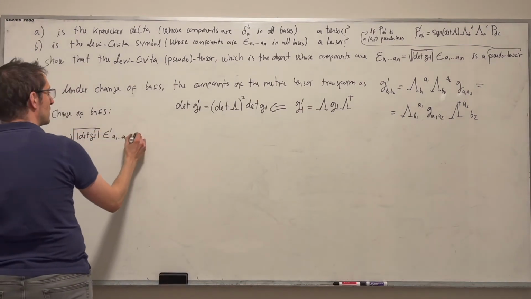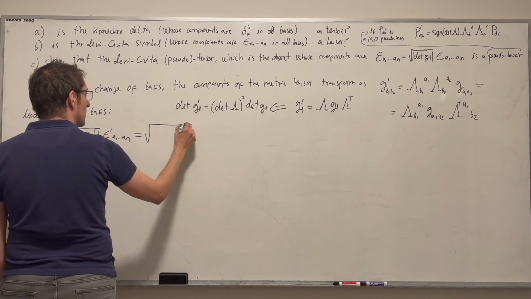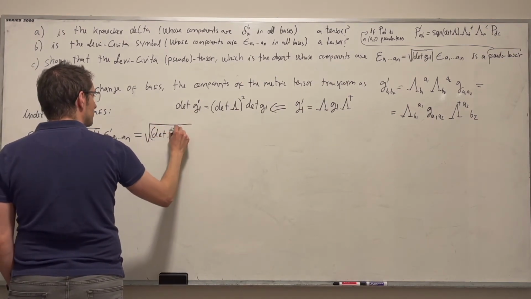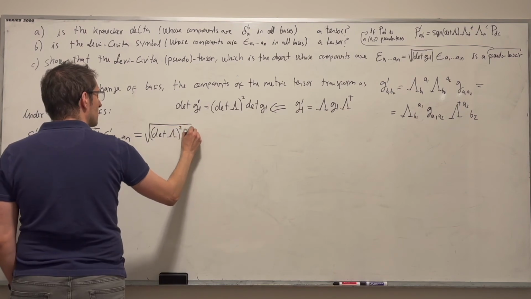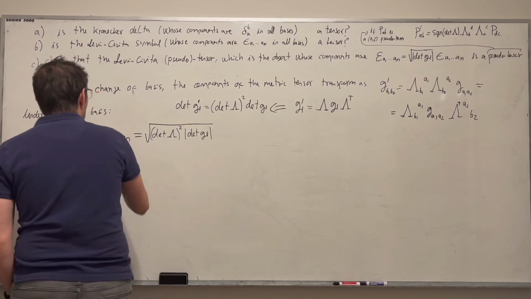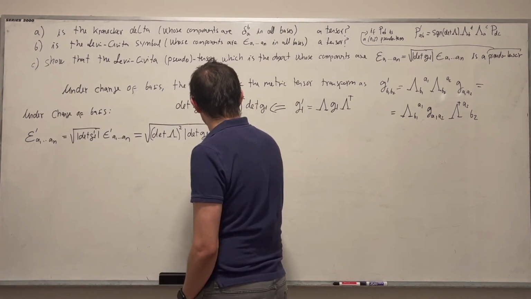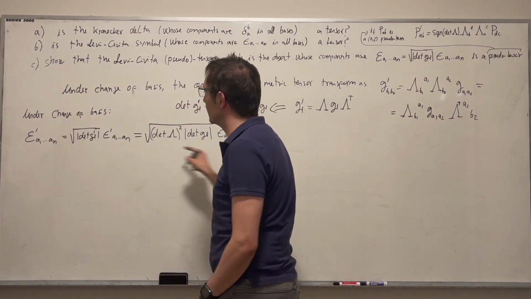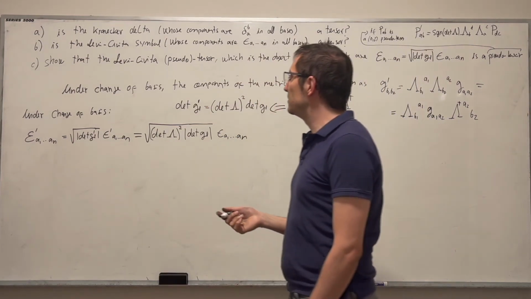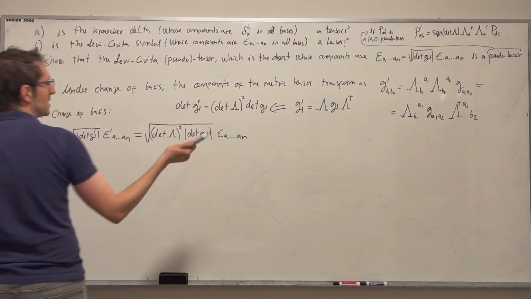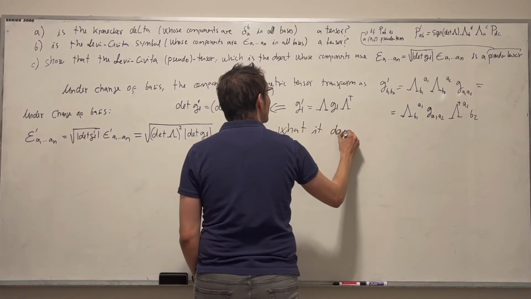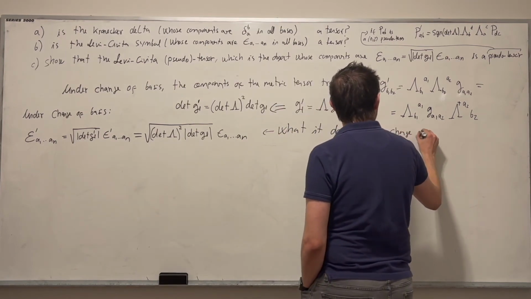So this is equal to the square root of the determinant of lambda squared, absolute value, determinant of G, and then just epsilon A1, AN, because this thing is the same in both bases. All right, so this is how the Levi-Civita pseudo-tensor does transform. Actually, let me write it. What it does under change of basis.